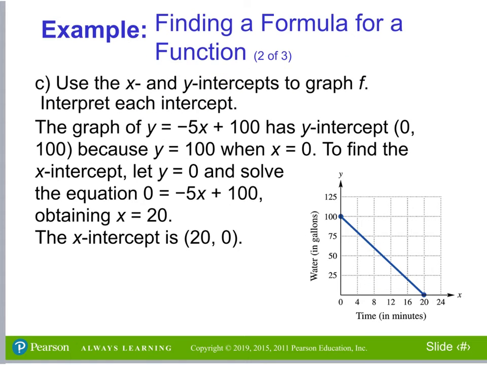We're going to use the x and the y-intercepts to graph f and also interpret what the meaning of those intercepts is. So the initial value, the y-intercept, is (0, 100). So there's that point, because in this equation, when you plug 0 in, you would get 0 plus 100, right?